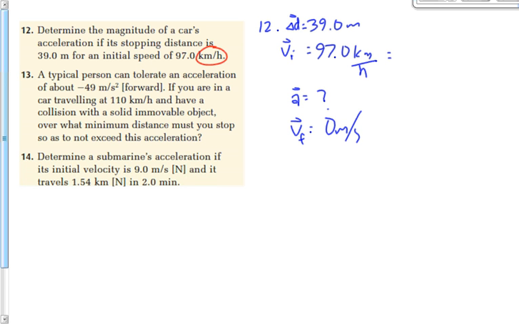Let's convert this to meters per second. How many meters in 97 kilometers? 97,000, good. All right. How many seconds in 1 hour? Not 360. Art, how many seconds in 1 hour?